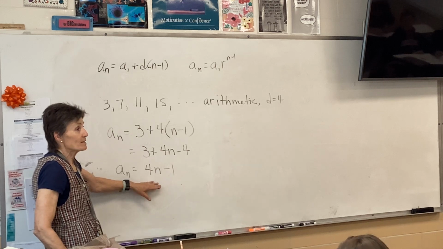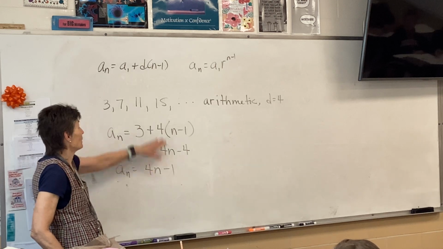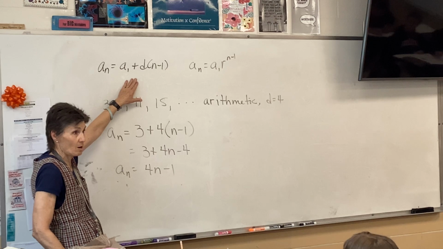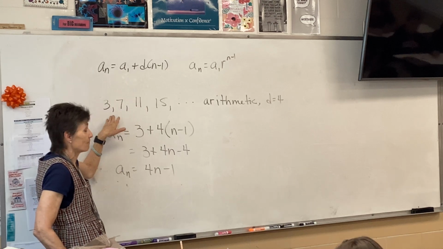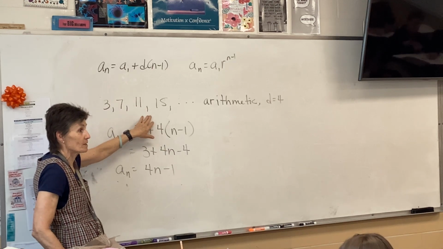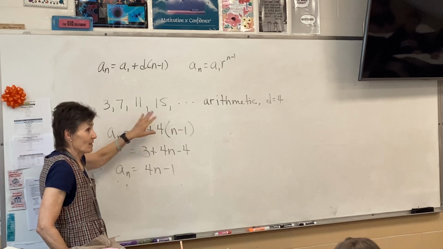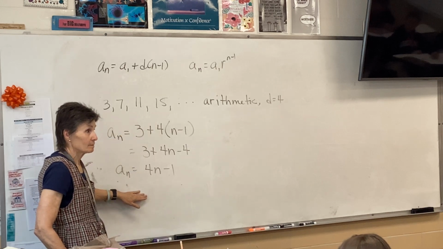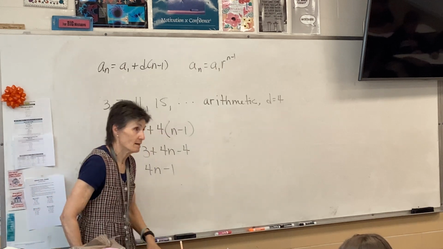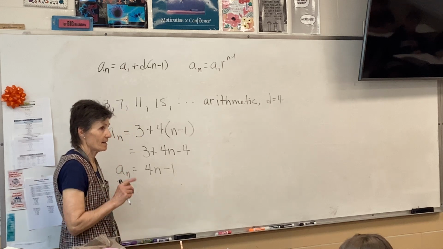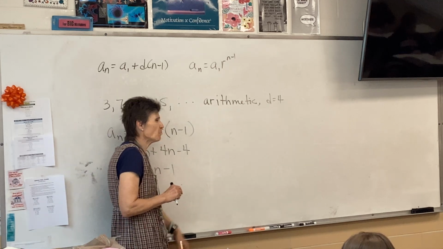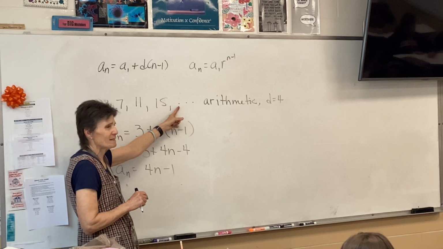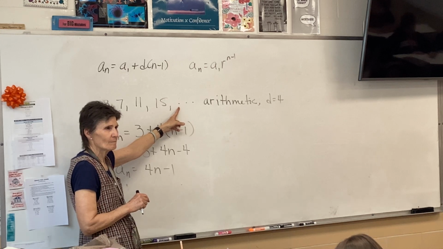All right, so how do we find an explicit formula? We use our given formula that we know, and we plug in the first term and the common difference. Now, that's an explicit formula. A recursive formula says, how do we get from term to term here? What would be the next term? What would you do? 19.